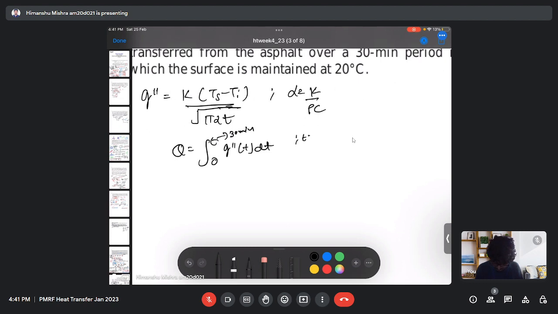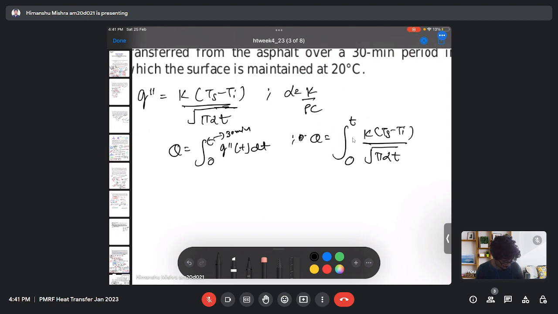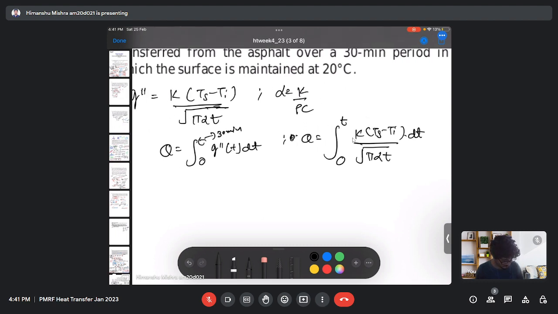So my total heat transfer is the integral of the heat flux dt.